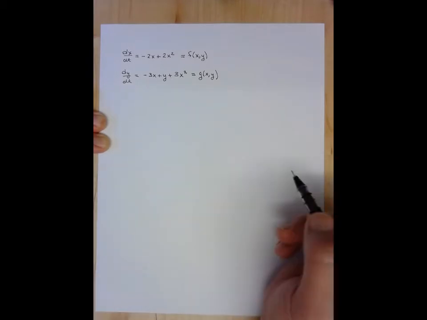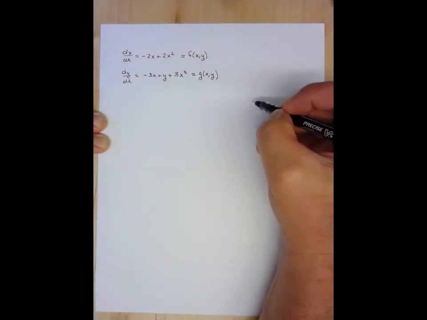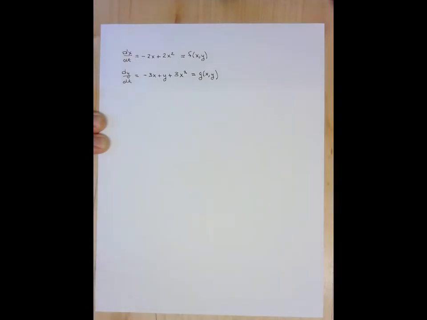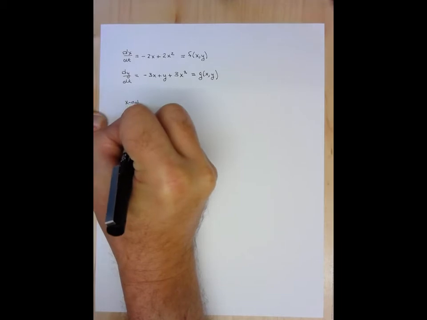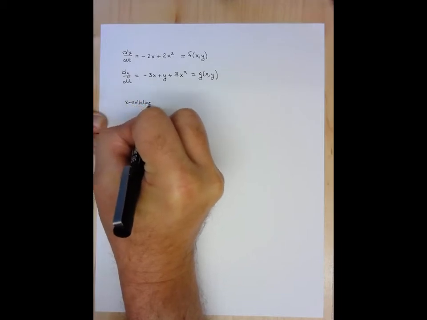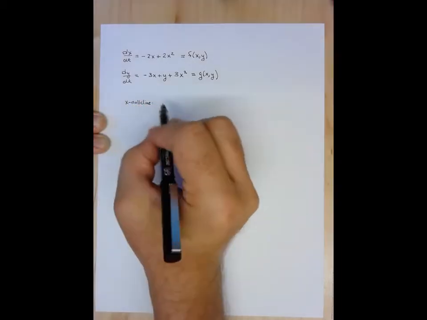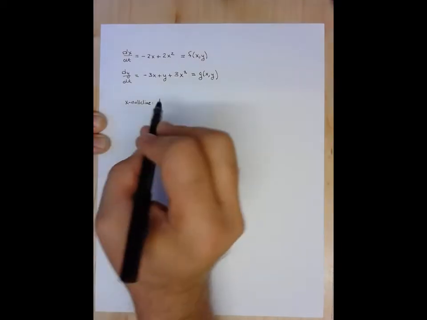Now, to begin the phase plane analysis, why don't we first see if we can easily determine the nullclines of this system. So the x nullcline will be determined by setting the left-hand side of the first differential equation to 0.